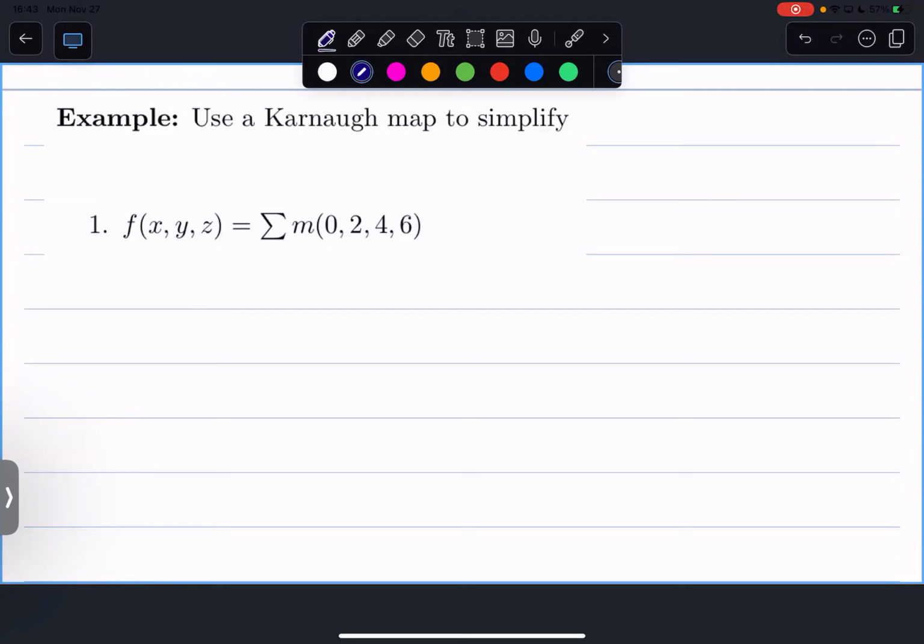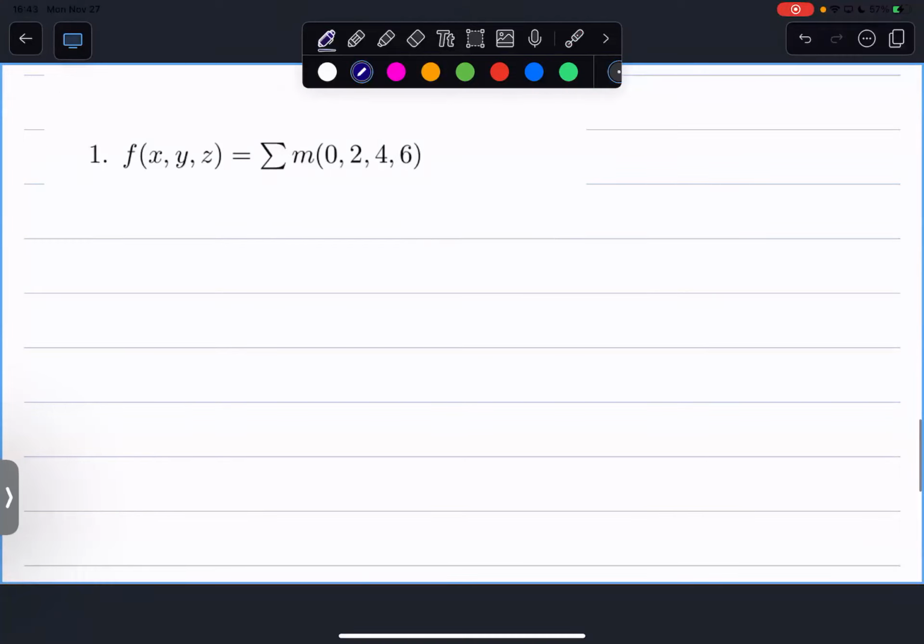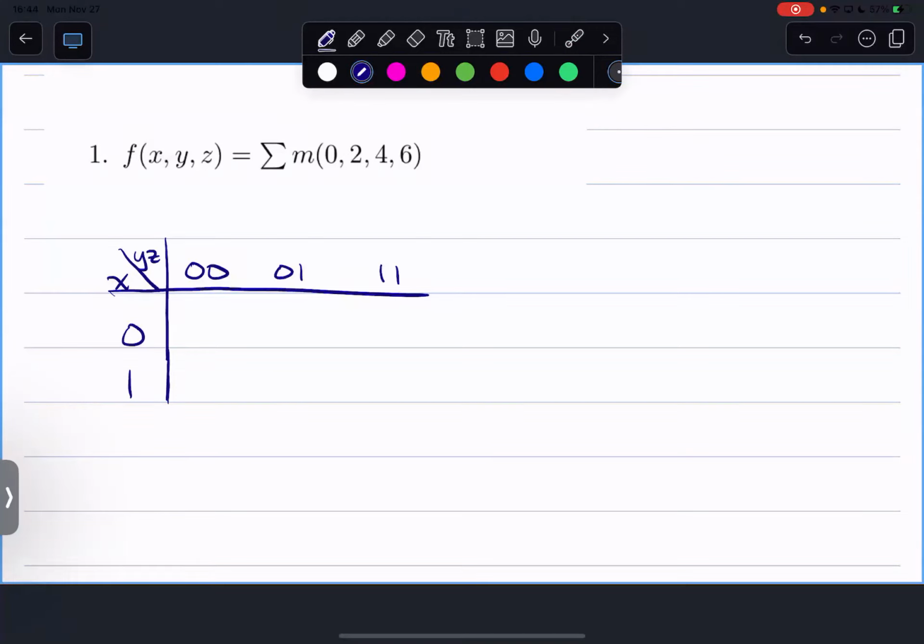So let's start with our table. I've got X, Y, Z. I'm going to start 0, 1, 0, 0, 0, 1, 1, 1, 1, 0.